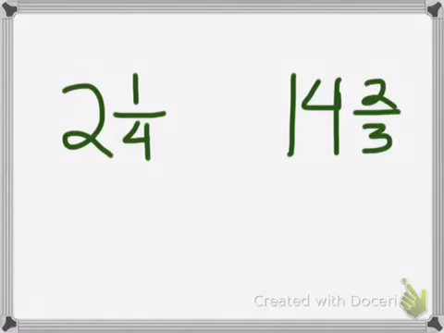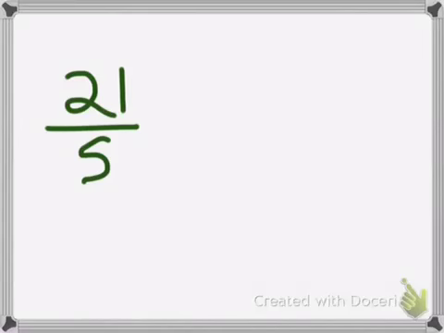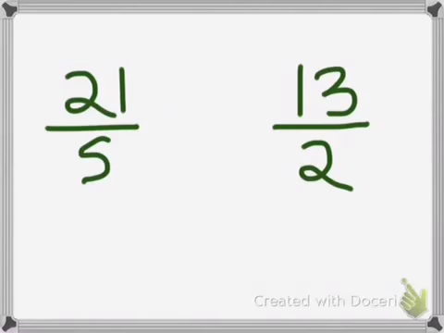Okay, let's look at some examples of improper fractions. An improper fraction would be something like 21/5, or you could say 13/2. So if you remember, what is interesting about an improper fraction is that the numerator is larger than the denominator.